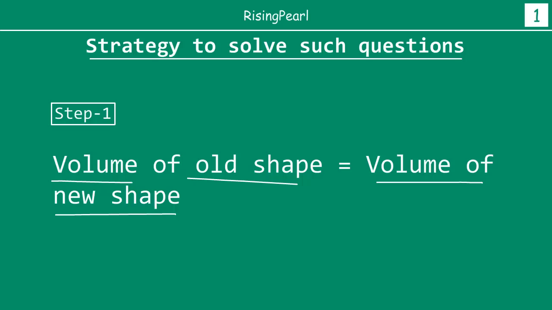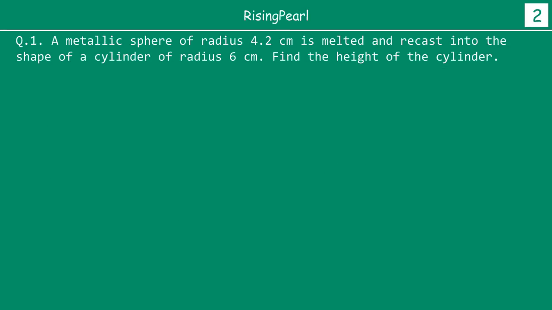So with that said, friends, let's take a look at some of these questions and see how we can solve them. A metallic sphere of a certain radius is melted and then recast into the shape of a cylinder whose radius is also given.